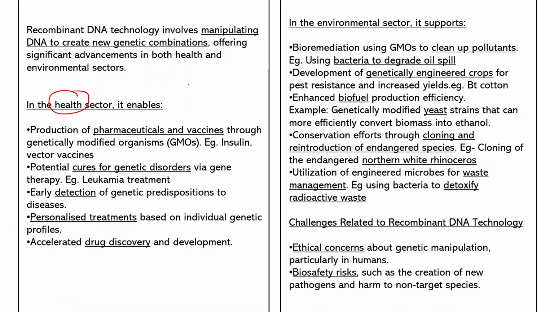Right. So you write about health sector first, production of medicines, vaccines, right? So insulin is a medicine which is produced by genetically modified bacteria. Then there are recombinant vector vaccines which are using this technology. Then you can cure genetic disorders, you can detect genetic disorders, you can personalize the treatments, right?